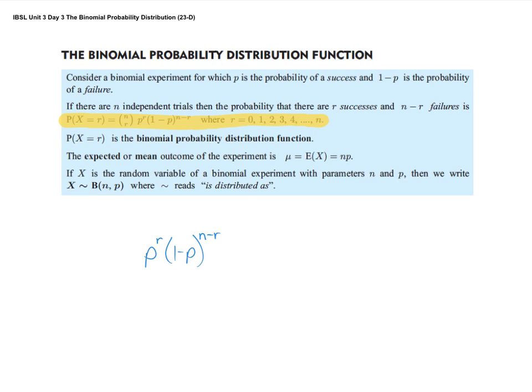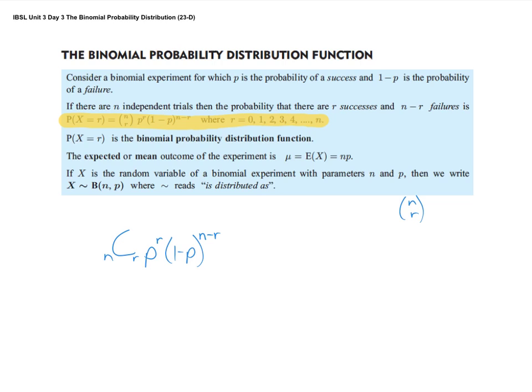And then you have this part right here in the parentheses. Does anyone remember what this is? The parentheses with the n and the r in it. I know what it is, but I don't know how to say it. Another way of writing it is n choose r. That's similar notation. You're going to see it a lot, so get used to that. But this notation, notice it's not a fraction.